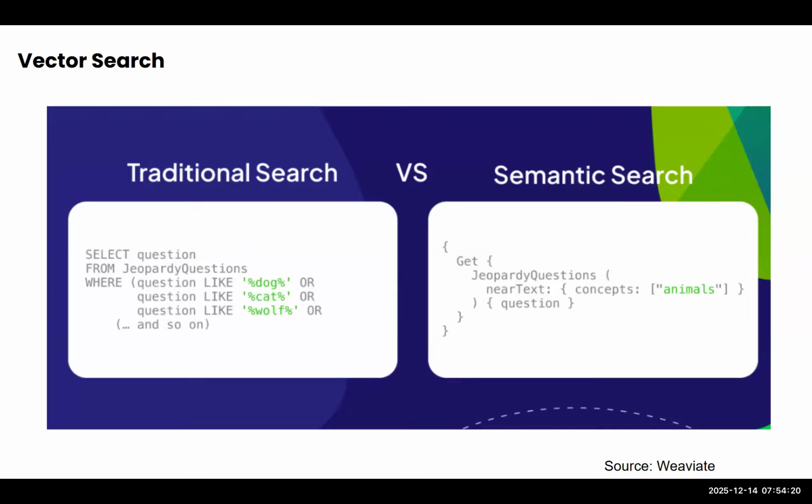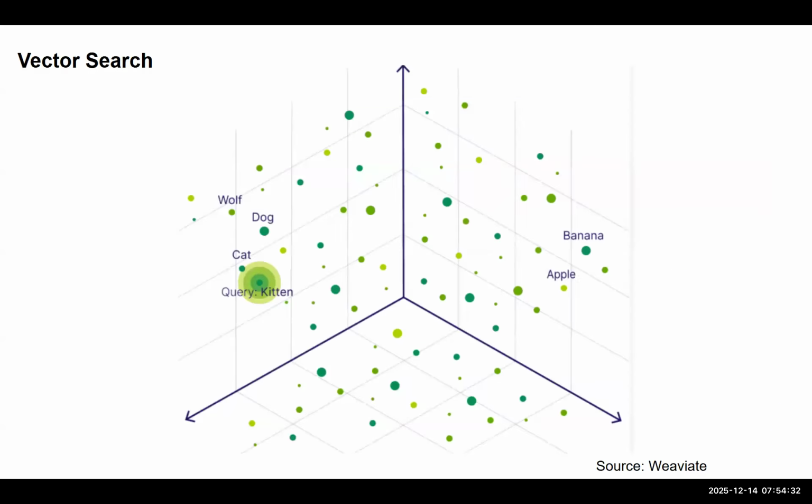In traditional search, the closest you can do is use LIKE. Like percent dog, percent cat, percent wolf, right? So if this is how the data is plotted or indexed in your vector database based on the embeddings, now we know cat is here, dog is here, wolf is here, apple and banana are here.